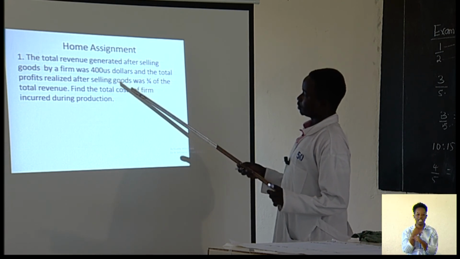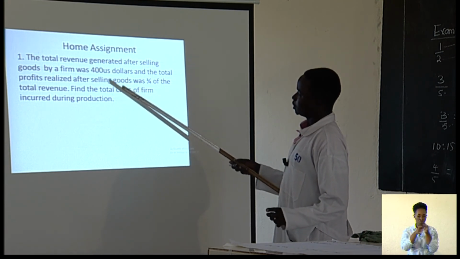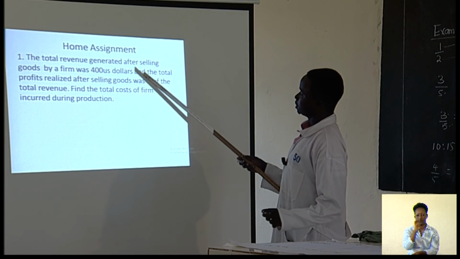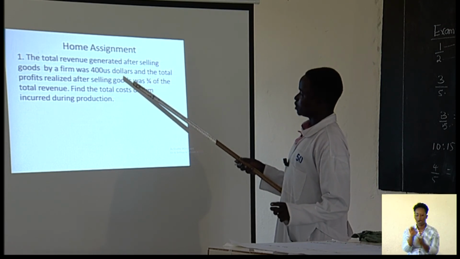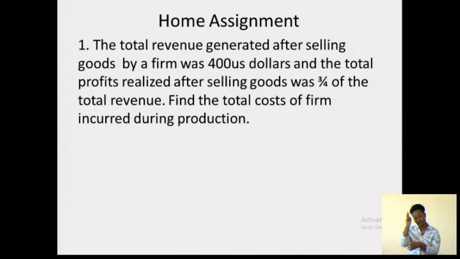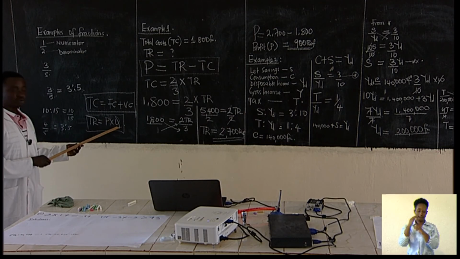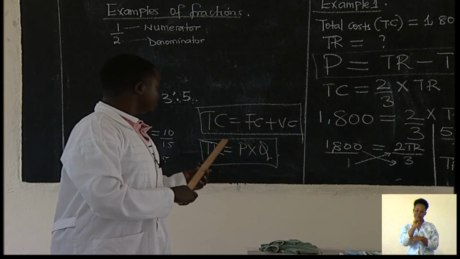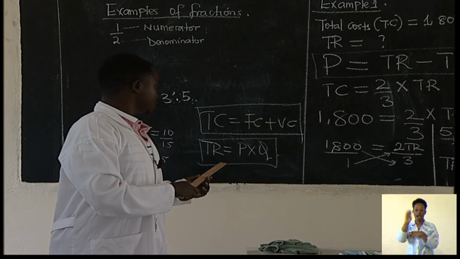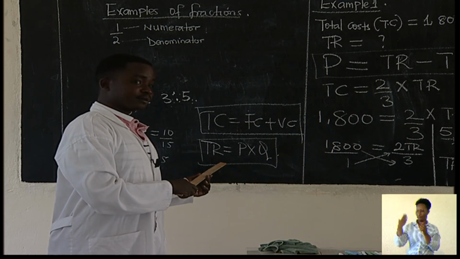I want you to interpret it well. The total revenue generated after selling goods by a farm was this. Remember, we said total revenue is the price per unit times the output produced. We saw this in the previous lesson.